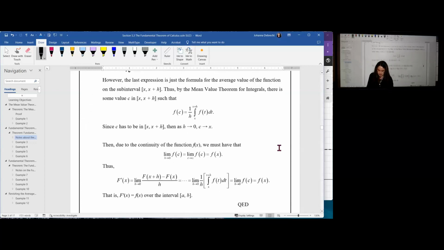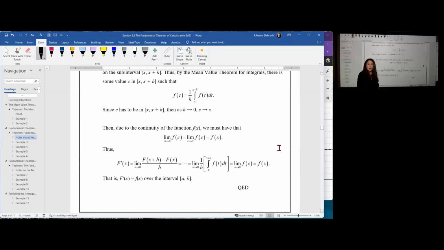Because it is a continuous function, that means that the function exists, the two-sided limit exists, and they're equal. This tells us that the limit of f of c as h goes to 0 must be the limit as c approaches x of f of c, which is f of x.